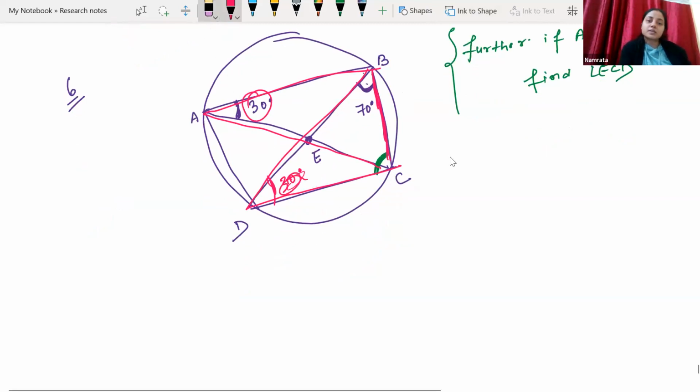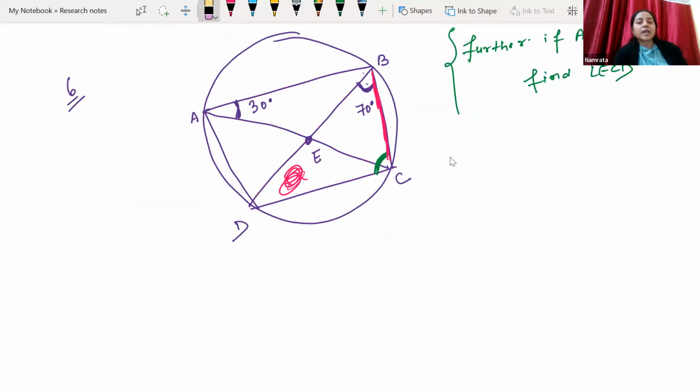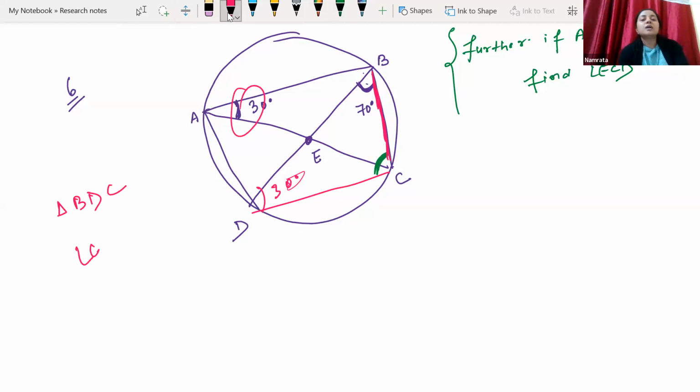Can we say this will also be 30, because that is 30 and we are taking the segment of this chord BC? Now from here we can take triangle BDC and find angle C by the angle sum property. If this is 70, this is 30, angle C will be 80 degrees by the angle sum property of a triangle.